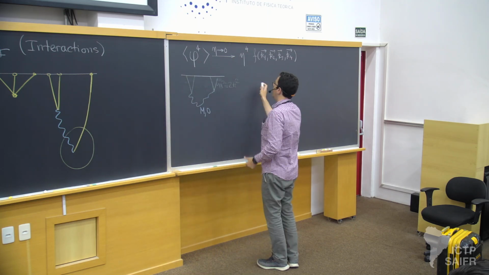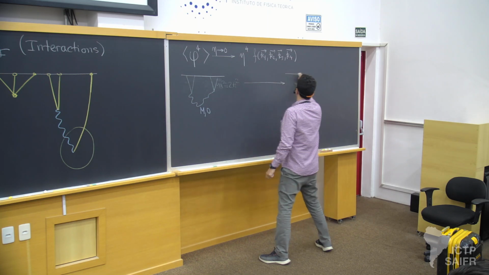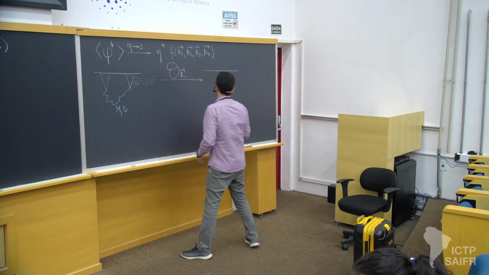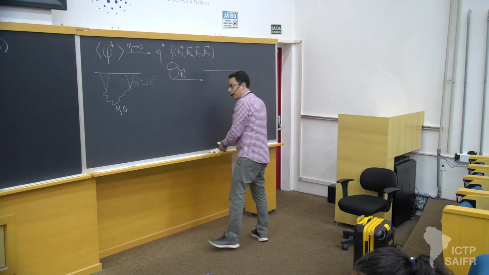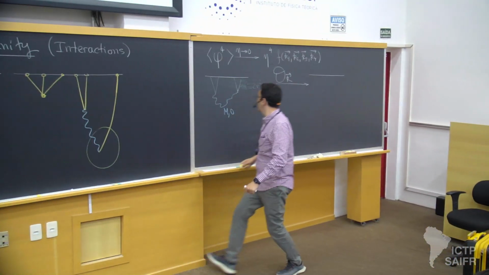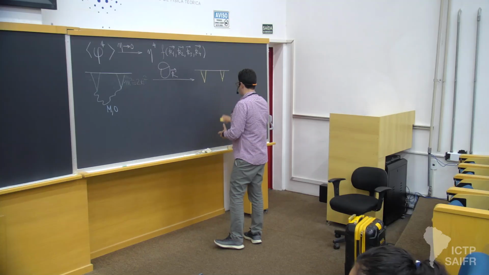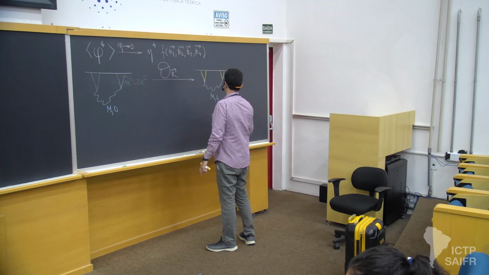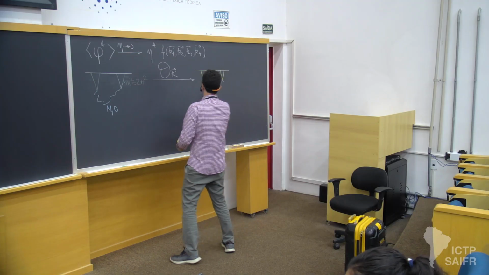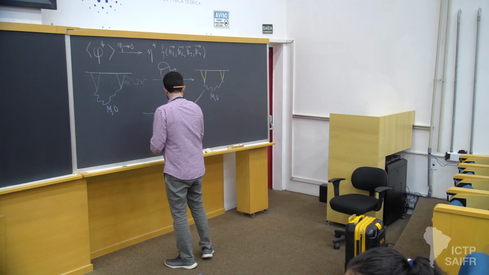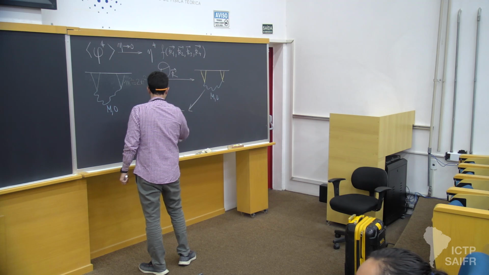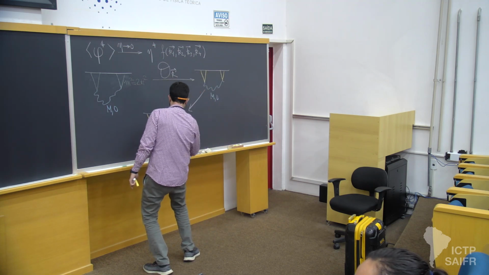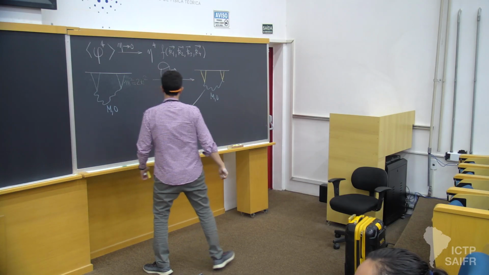And from here, we can do kinematic moves. We apply some operators that depend on the momenta, and then you can obtain, for example, this case here when you exchange m0. From here, you can apply other operators, and you can obtain spin exchange. So you can make this particle spin, m non-zero, j non-zero.